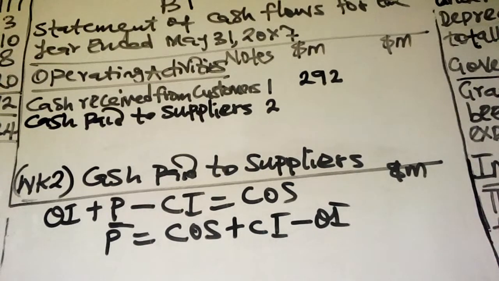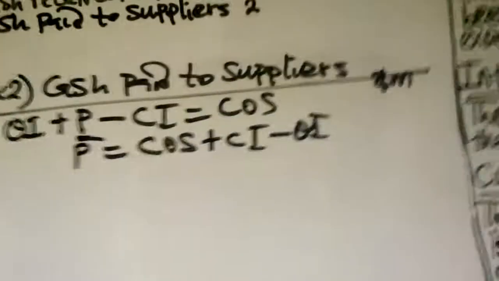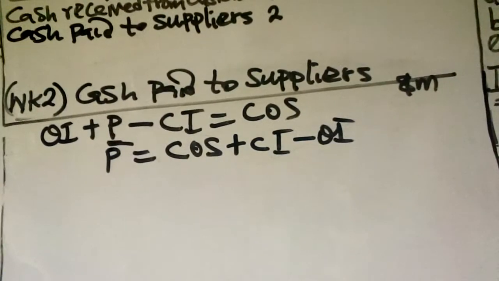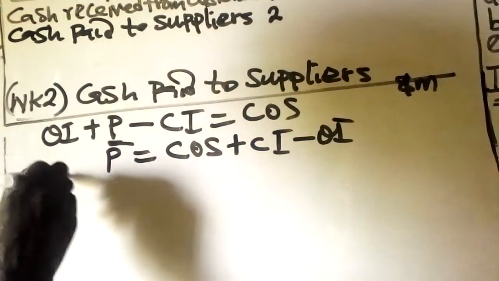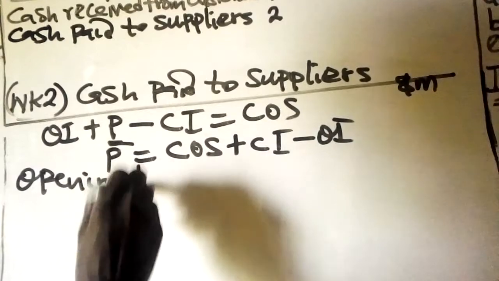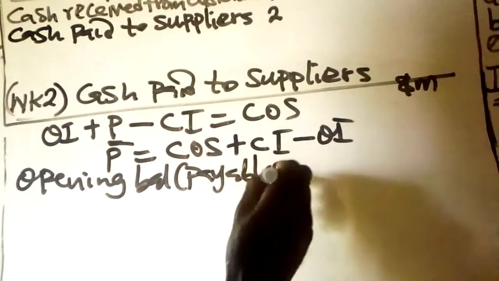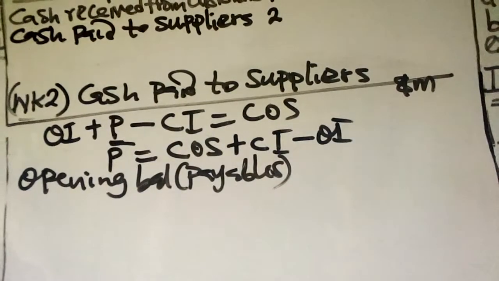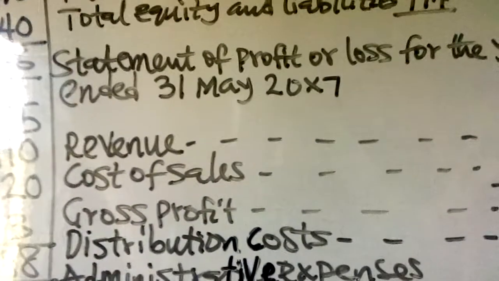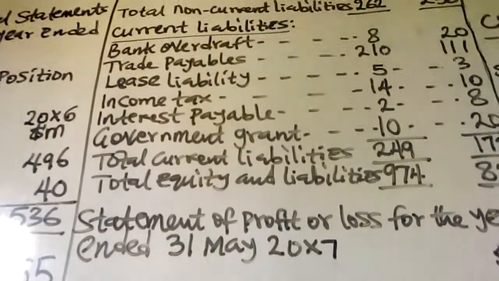Don't forget, we used to start with our opening balance. The opening balance you are going to start with now is the opening balance of payable. Opening balance, that is payables. I've told you that your payables will be found under current liability in the statement of financial position. How much is our trade payable?